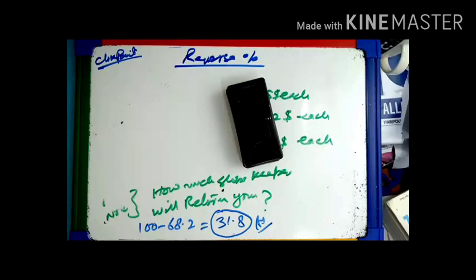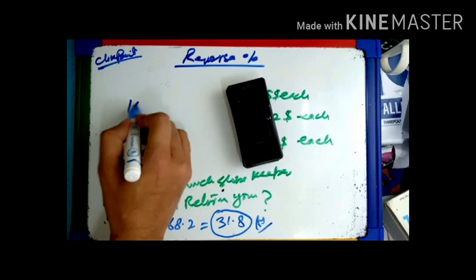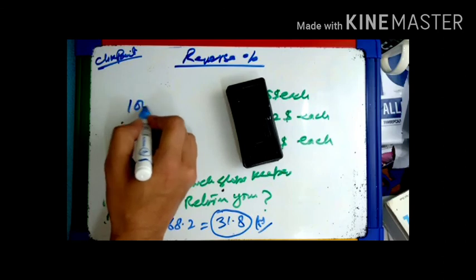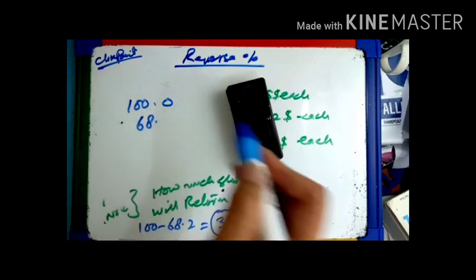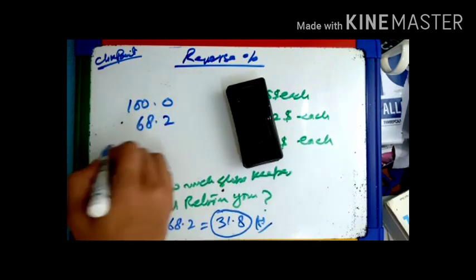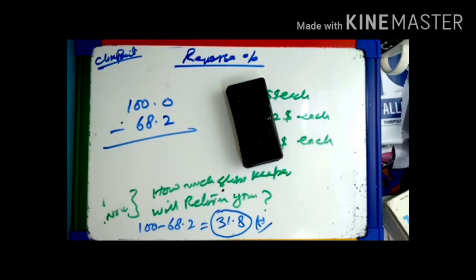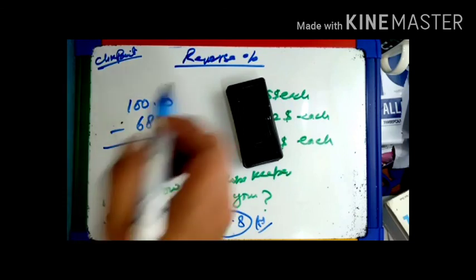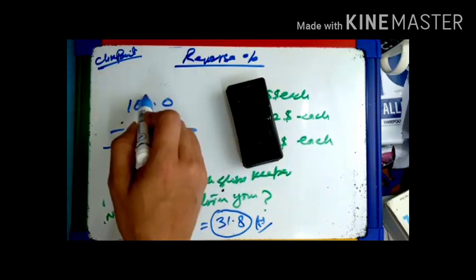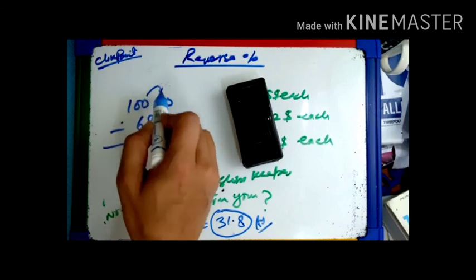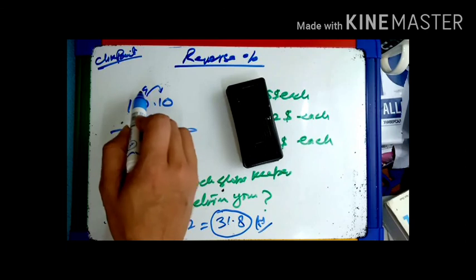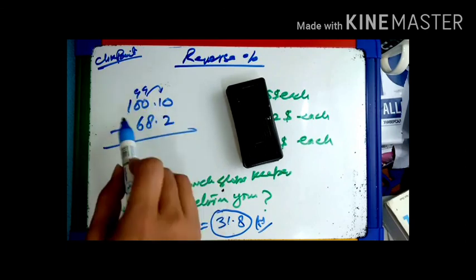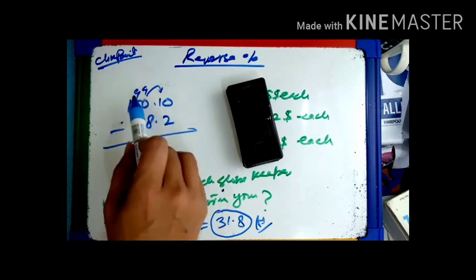Suppose you have 100.0 and you have to subtract 68.2. Got it? You move one from here, so it will be 10, and here it will remain 9, and here also 9.